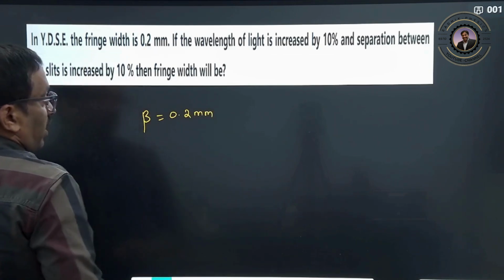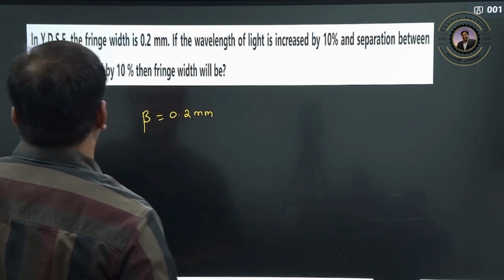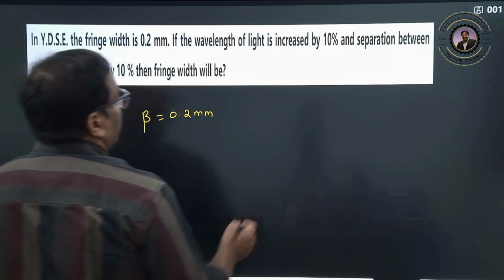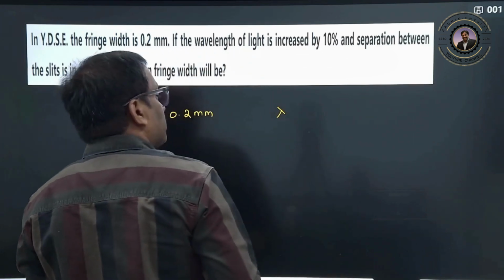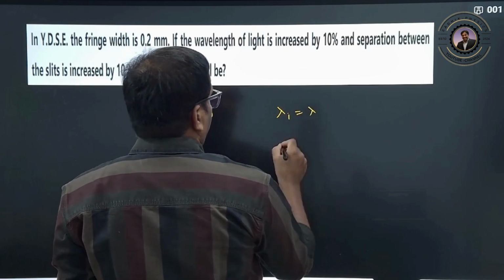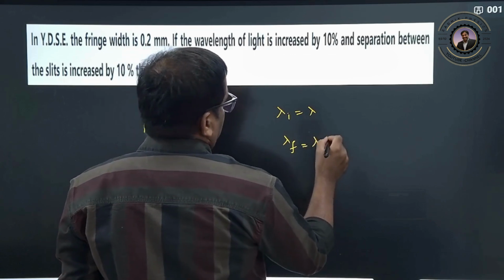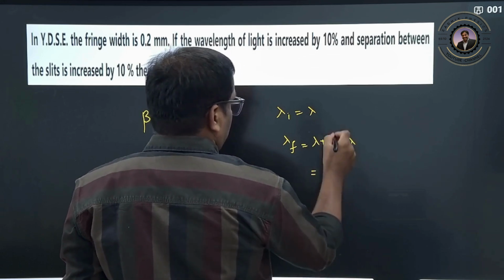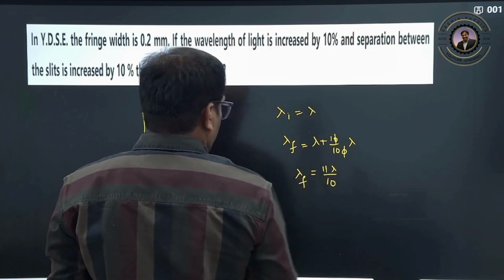If the wavelength of the light is increased by 10% and the separation between the slits is increased by 10%, what is the new fringe width? So the wavelength is increased by 10%. Initial wavelength is lambda, so final wavelength is lambda plus 10 by 100 into lambda, that is 11 lambda by 10. So this is your final lambda. Clear?